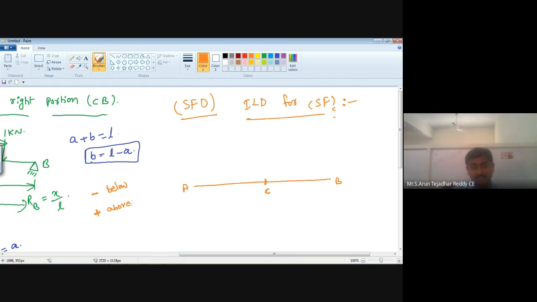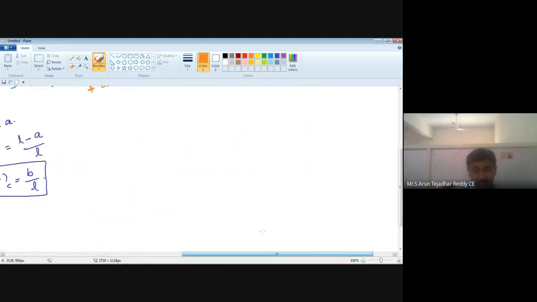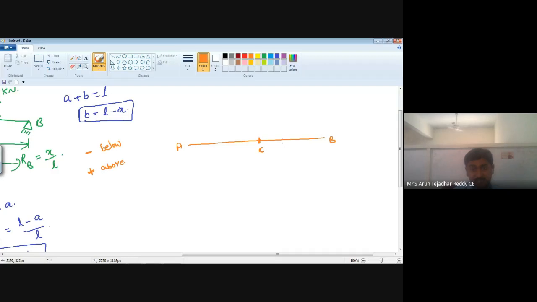Here the shear force at C we got is minus A by L. So minus means below the beam. So somewhere here, because shear force at C, at this point only we can mark minus A by L. So here it is A by L.